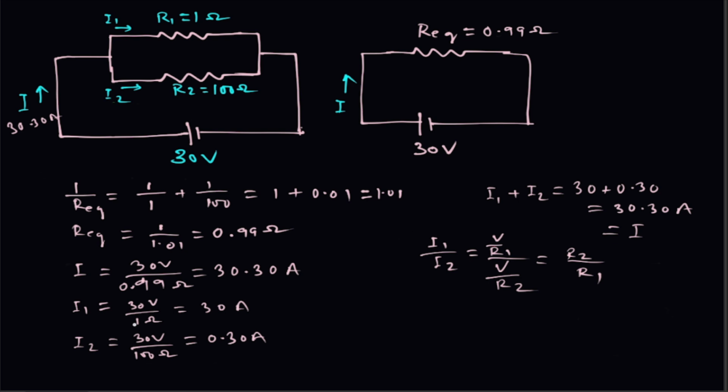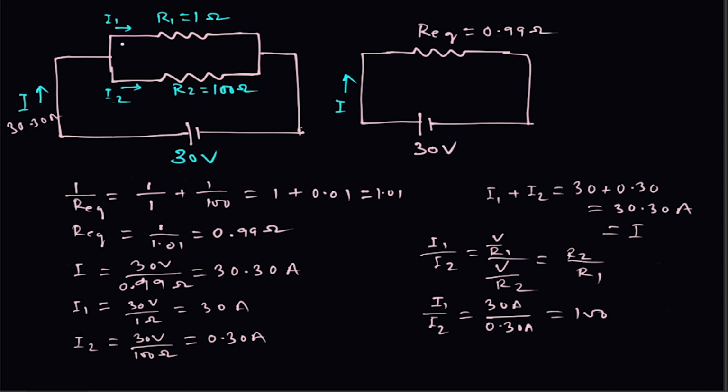So numerically also you can find here I1 divided by I2, how much we have got? 30 ampere divided by 0.30 ampere. It is how much? It is 100. So I1 is 100 times of I2. Here also you can see I1 over I2 is R2 divided by R1, which is 100 by 1. So I1 is 100 times of I2.